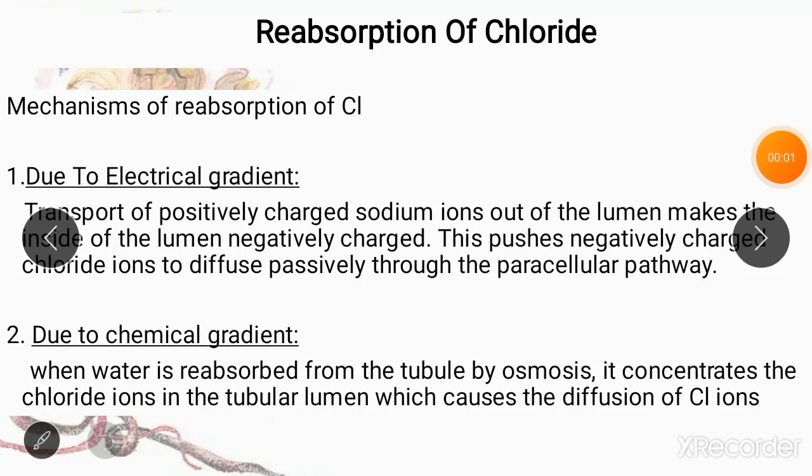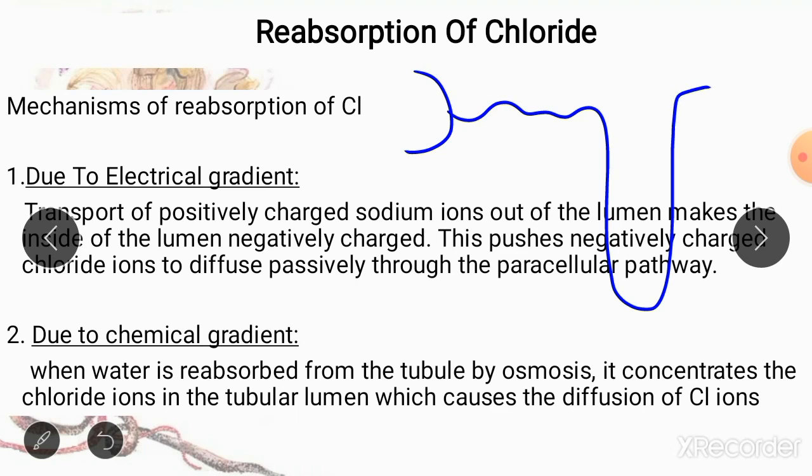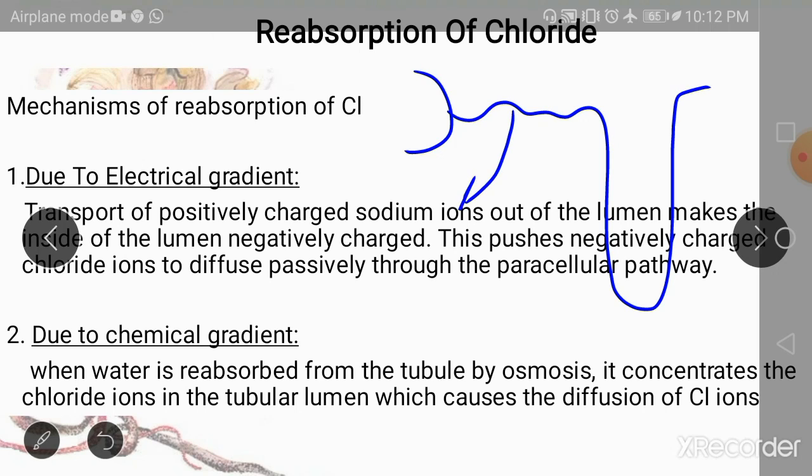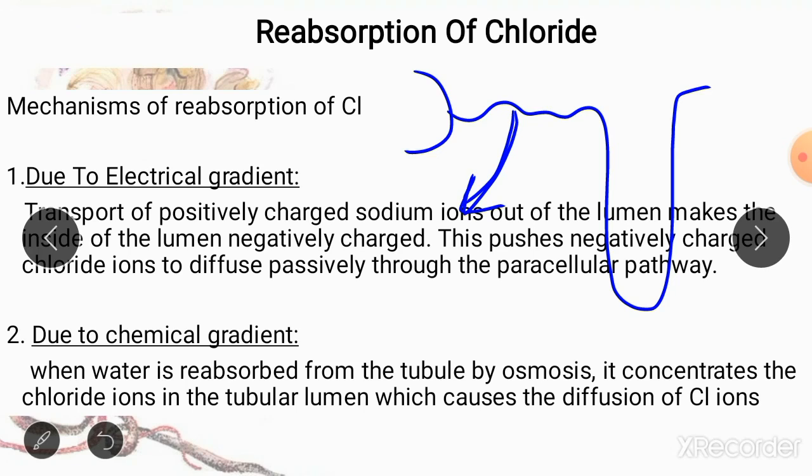Then chloride is also absorbed along its electrical and chemical gradient. So in the nephron, most of the sodium is reabsorbed in the proximal convoluted tubule. When sodium is reabsorbed, water is also going to follow, and when there is lesser water in the nephron, the chloride which is left behind is going to be in very high concentration. So it is going to move from a higher concentration to lower concentration along its chemical gradient.